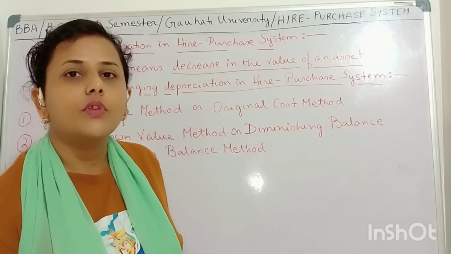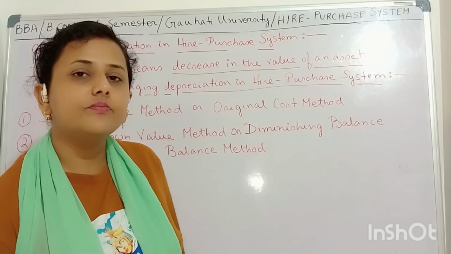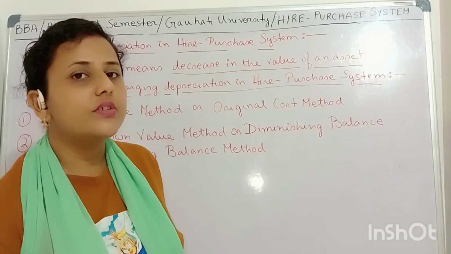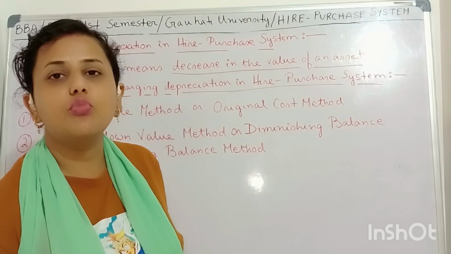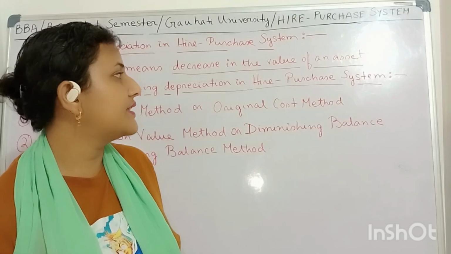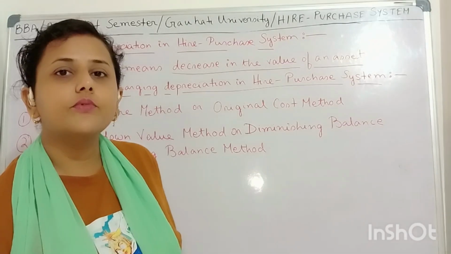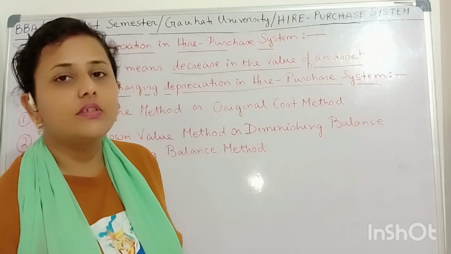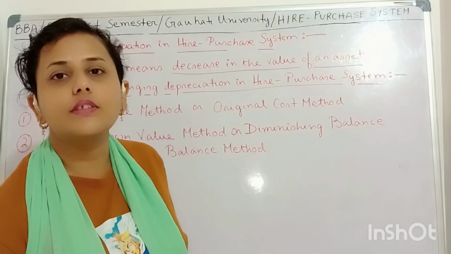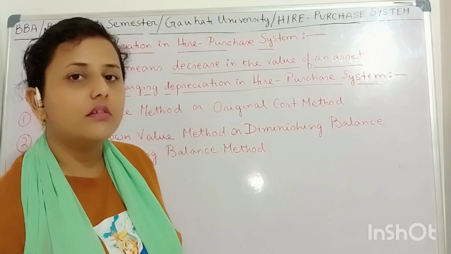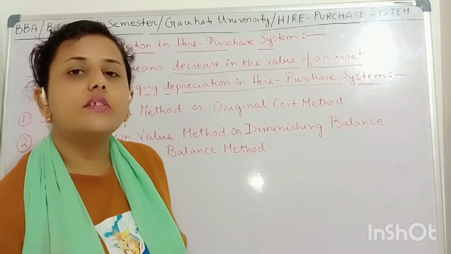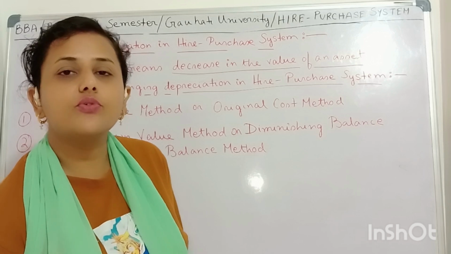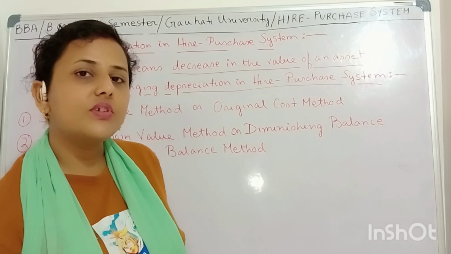This hire purchase system chapter, this unit is very important. I am explaining you along with the sums, and you please see the annuity sums I have done in the previous videos. Annuity sums are very important.